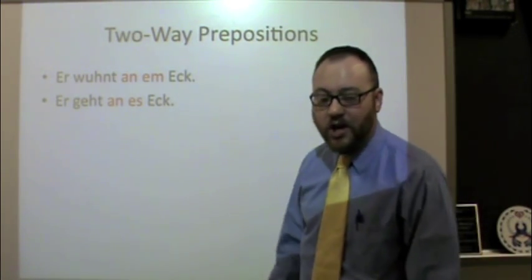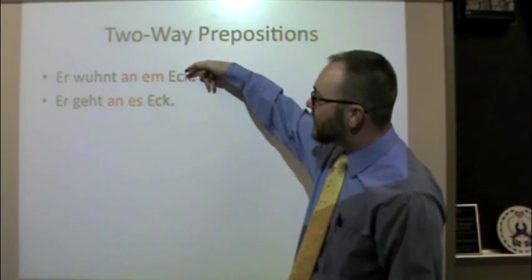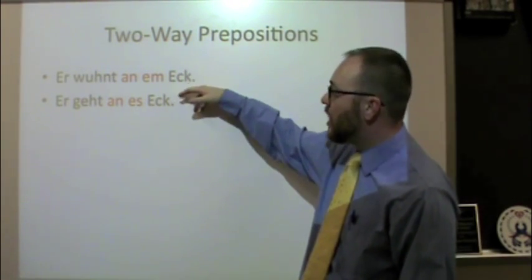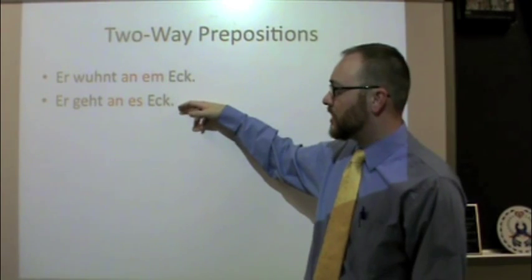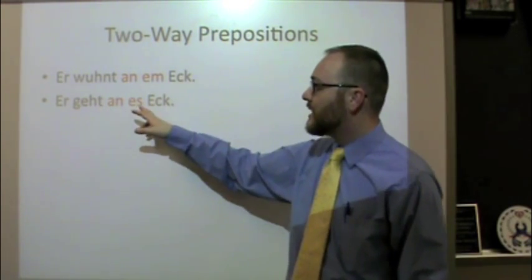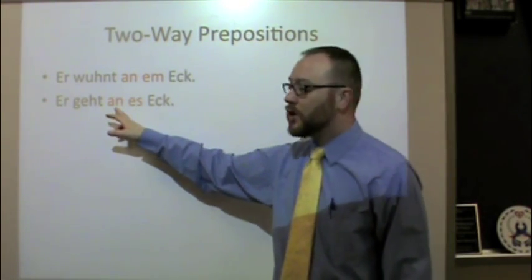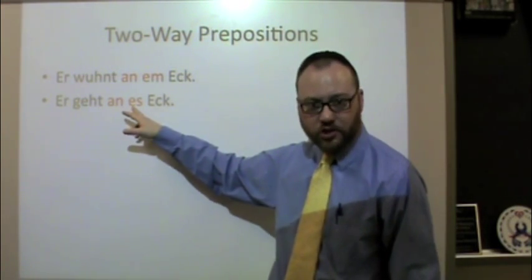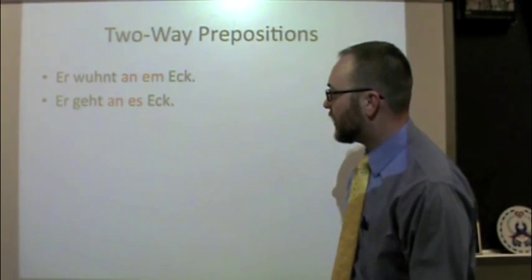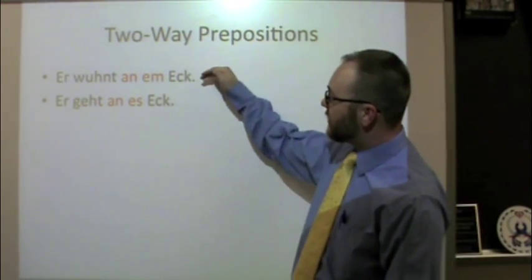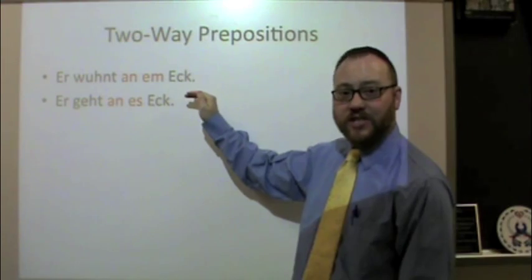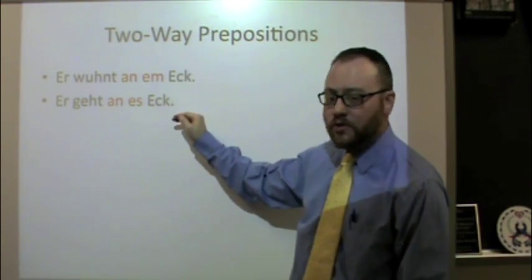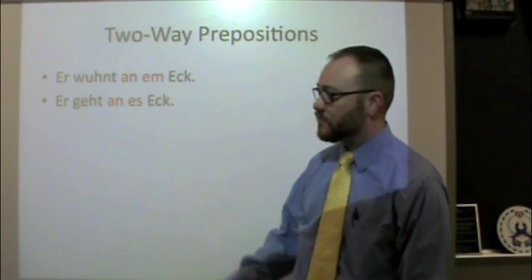That hasn't changed. The only thing it changes, we've gone from dative in this sentence because there's no motion to accusative in this sentence because there is motion. Geht an es ek. Now, we could have said ans, an plus s, but I chose to write it out to show you exactly what we're doing here. Okay? I hope you can understand the difference between these 2 sentences, because it is the whole difference between dative and accusative. No motion as opposed to motion.